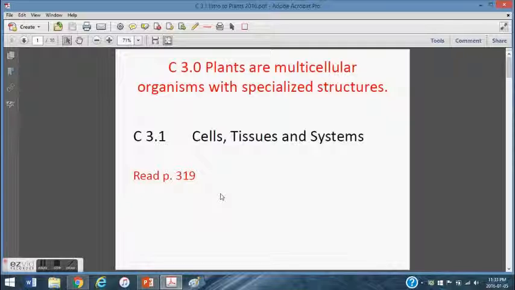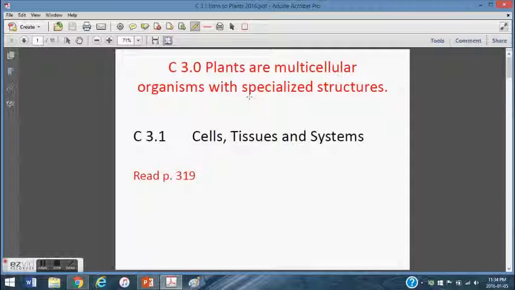We've distinguished between plant and animal cells, but we haven't really done anything further than that. We've said plant cells have some organelles that are different than animal cells, but we haven't really got into this idea of specialized structures. And that's something that you can't get if something is unicellular.